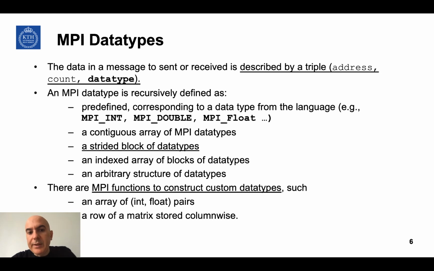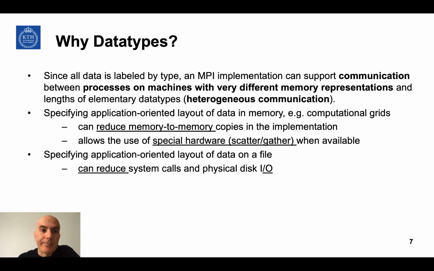We can use an indexed array of blocks of data types, and also we can use an arbitrary structure of data types. There are MPI functions to construct custom or derived data types. So for instance, an array of ints or pairs, or also a row or a column of a matrix.